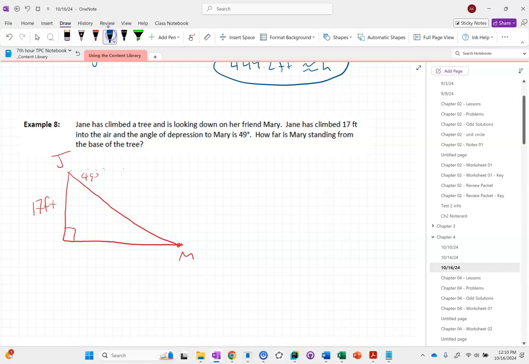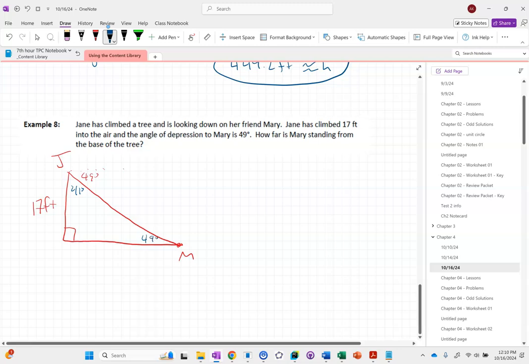So Massimo says then, well, this angle should be 41. Or you could say this angle down here is 49. Or you could draw the blue triangle in like this, and solve for that.